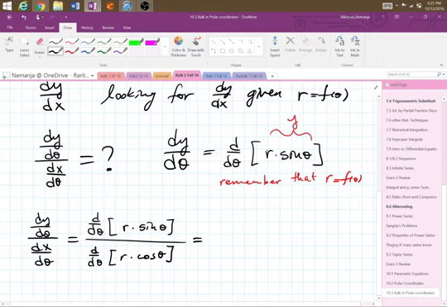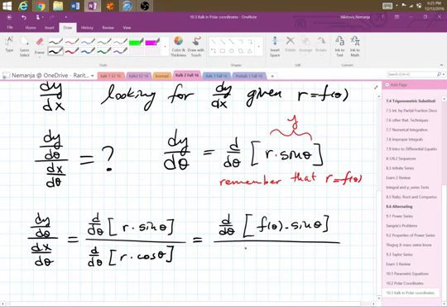And now I'm going to write it one more time so that we are not confused. f of theta, whatever it is, times sine theta divided by the derivative of f of theta times cosine theta. All we need to do is to compute this.